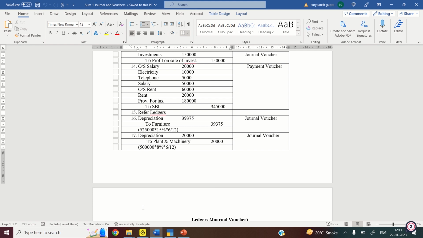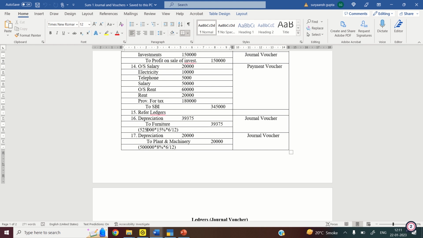Now for charging depreciation, we have been told that we have to charge the depreciation for 6 months, 4, 5, 6, 7, 8, 9, on furniture 15% and machine 8%. So I have written the adjustment here for the 16th point. Depreciation to furniture, right? 5 lakh is the opening balance, as you can see in the balance sheet.